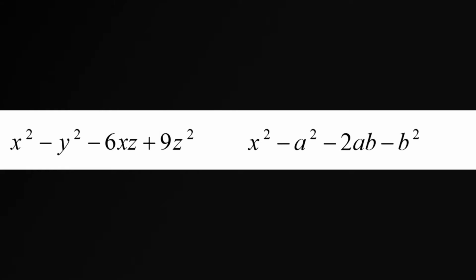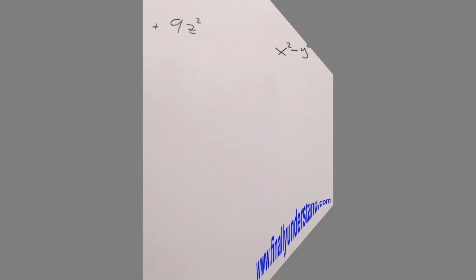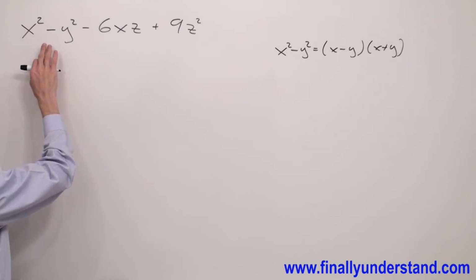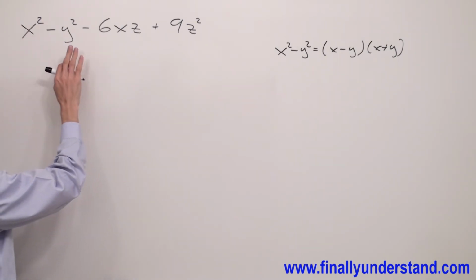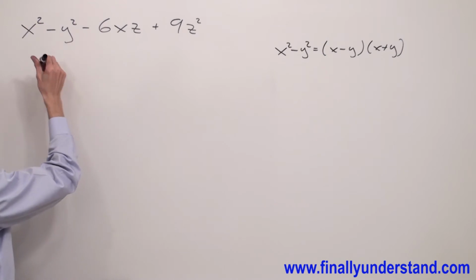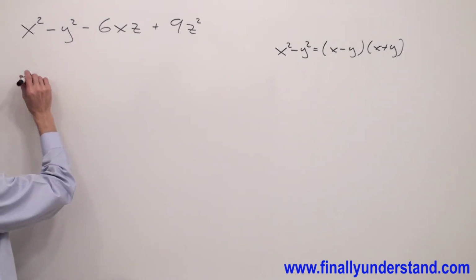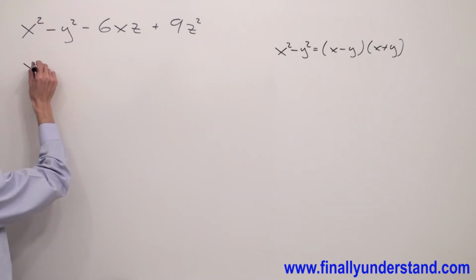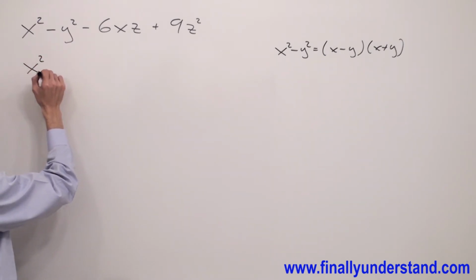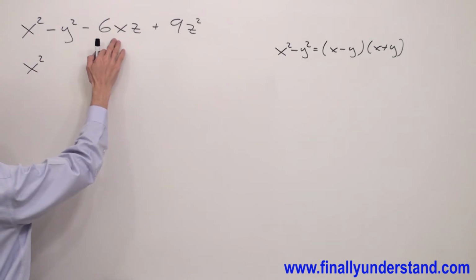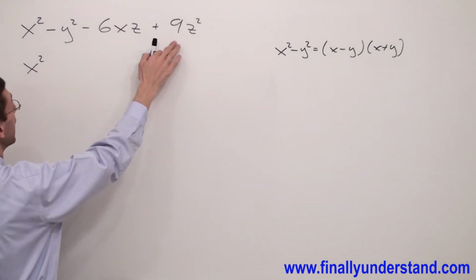Look at this example. This time, you're supposed to look at the variables and the exponents. This is very important to organize this problem first. I have x squared and I have minus 6xz and I have 9z squared.